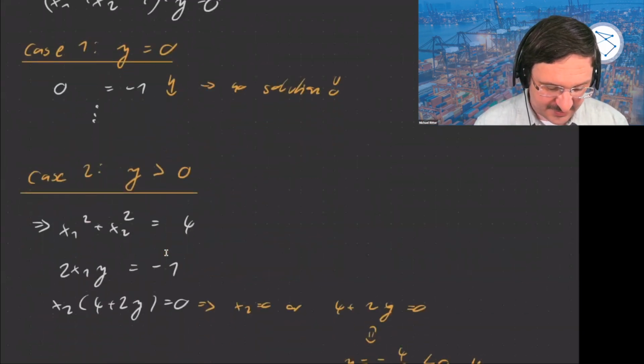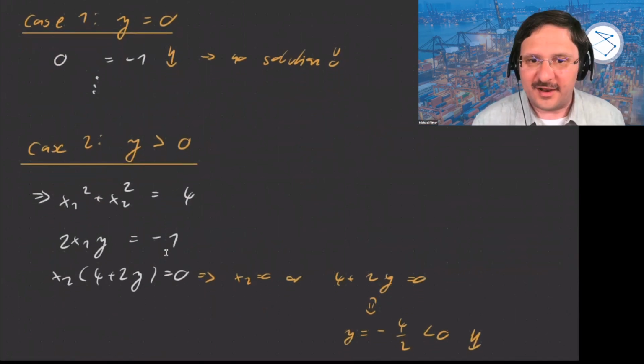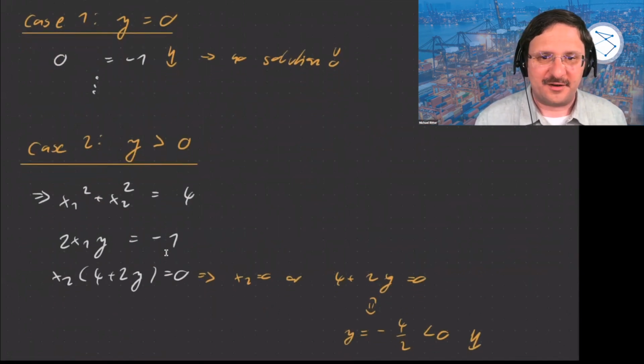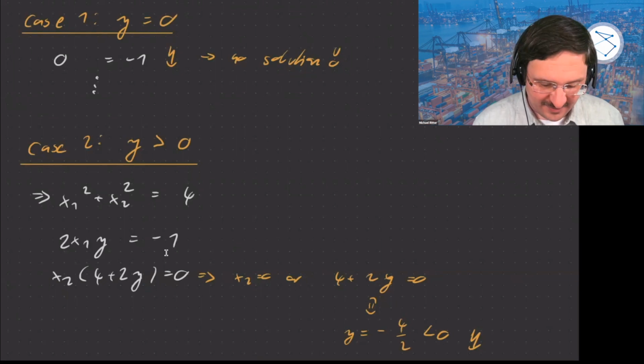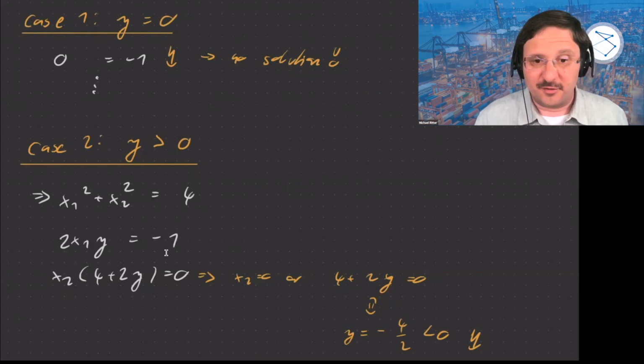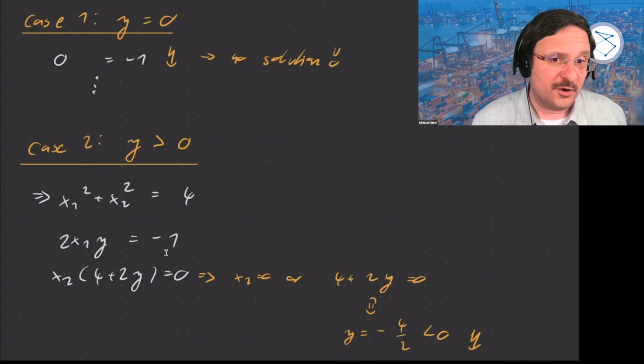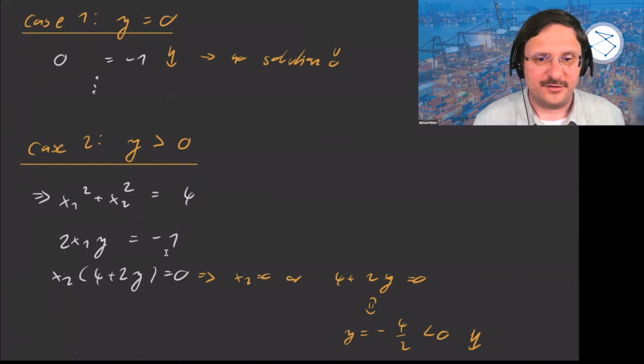And again, through more or less clever use of the equations and the inequalities that you have, you can try to exclude solutions early, so that hopefully you only end up with one or a few solutions that you then have to check for all the equations.